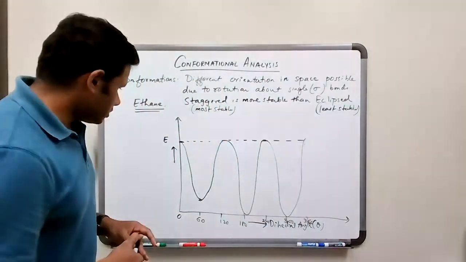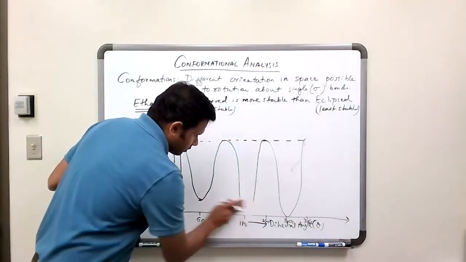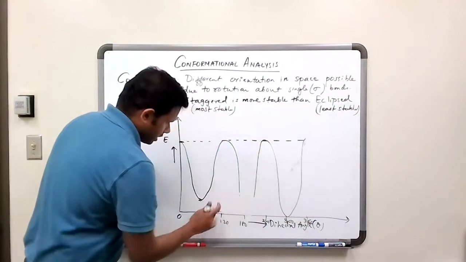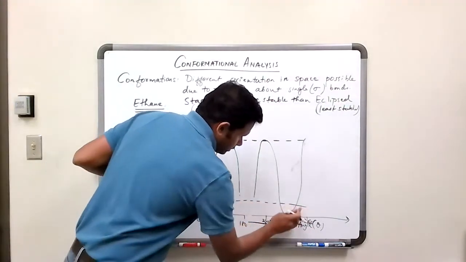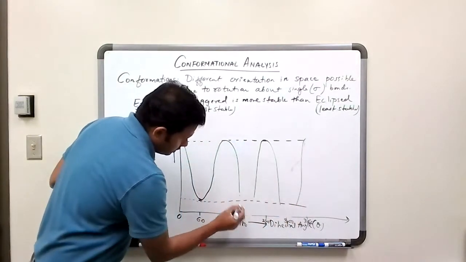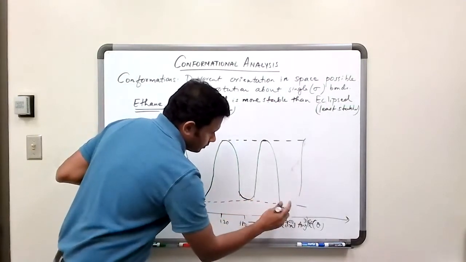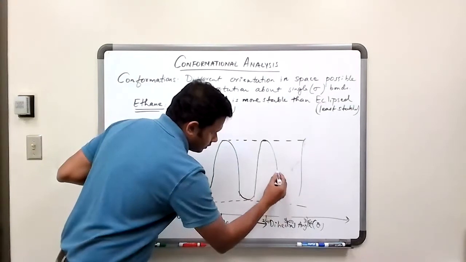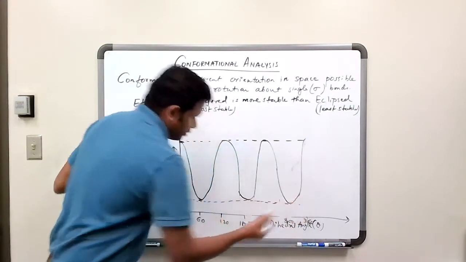So the energy goes down, at 180 goes up, and then goes up again.